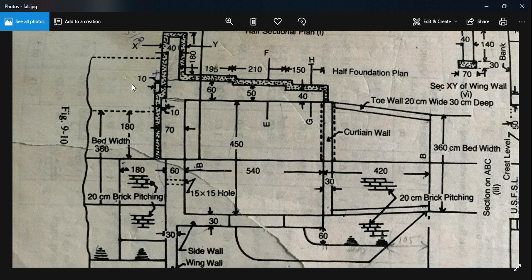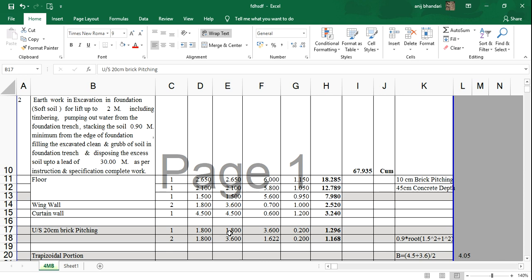So what I can do is calculate this brick pitching with length 1.8 or whatever, or 3.6, you can do vice versa. I'll take 1.8 length, width 3.6, and for 20 centimeter brick pitching depth is 0.2. For upstream brick pitching 1.8, 3.6, 20 centimeter brick pitching.